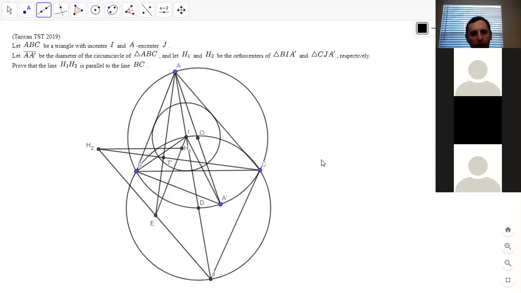Yeah, so how can we find A T prime over T prime E? So that's the same as AC over H2E. Interesting.